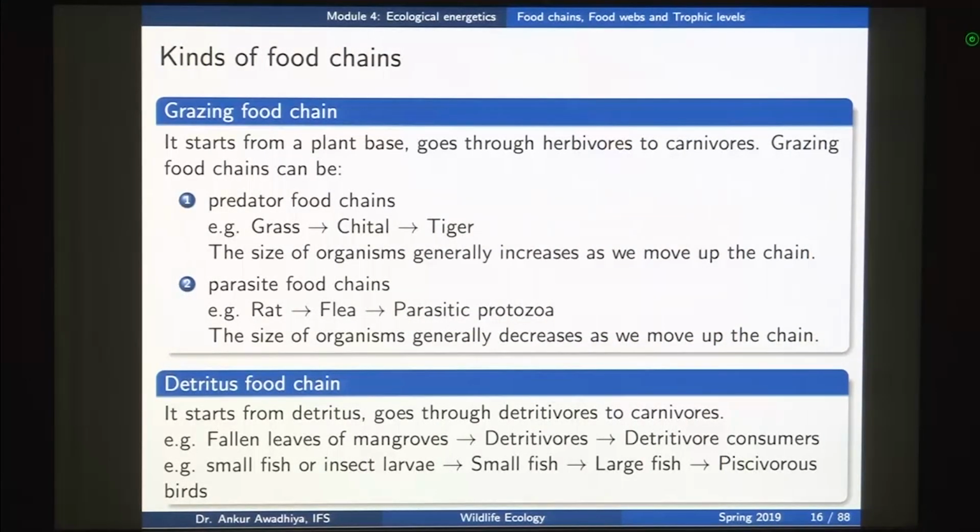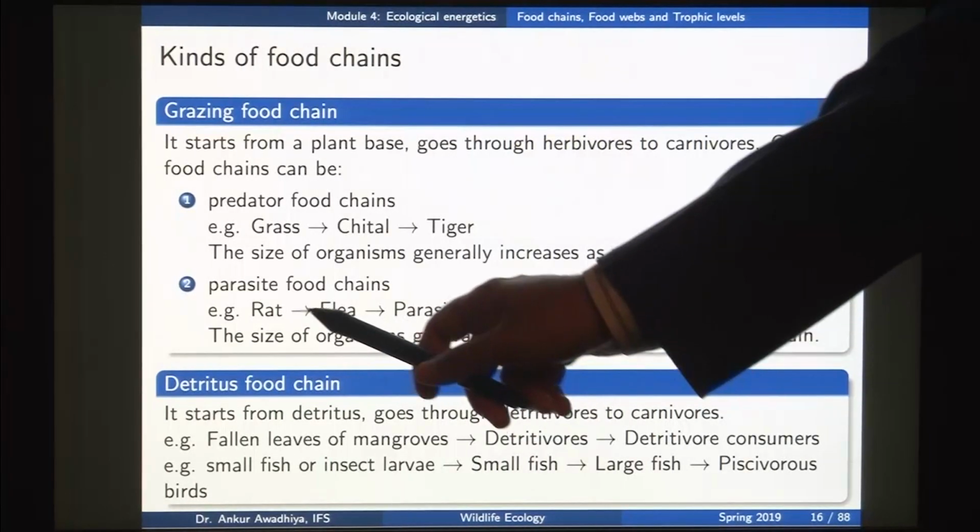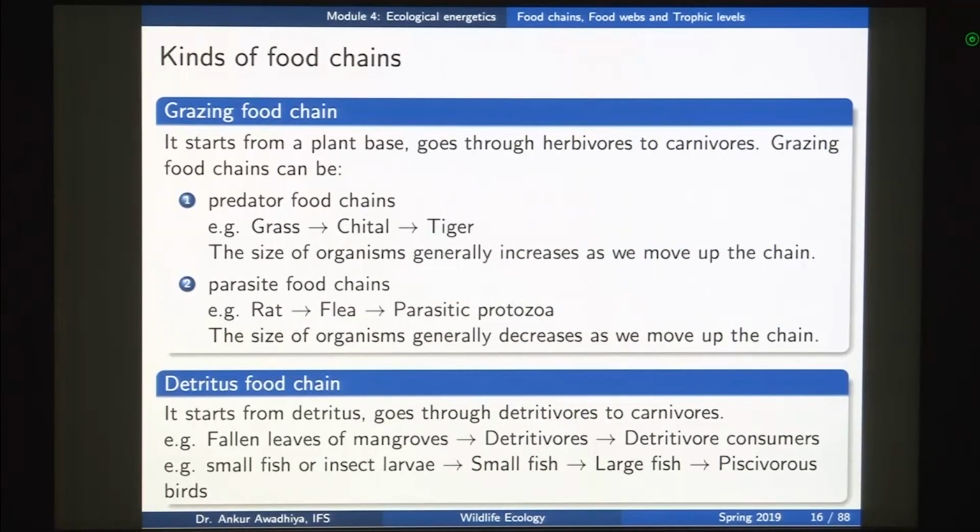Here, the size of the organisms generally decreases as we move up the chain. A flea is very much smaller than a rat, and the parasitic protozoa are microorganisms that are living on the flea. So, here the size goes down as we move up.